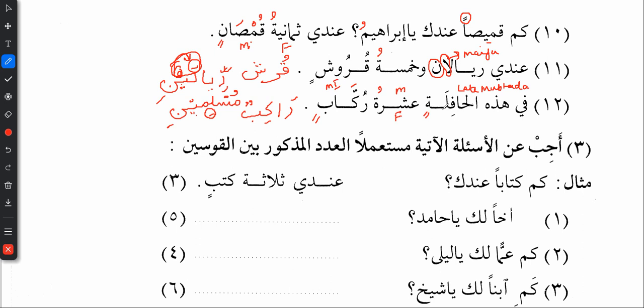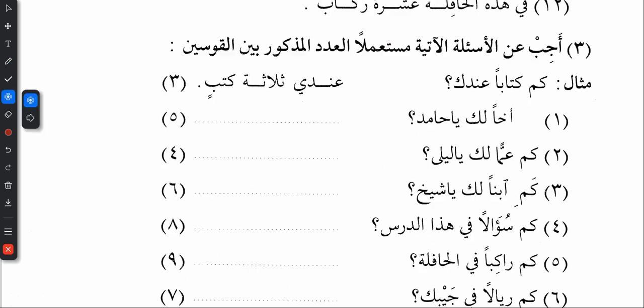And now let's do exercise number 3. Exercise number 3 says ajib. Ajib means answer. Anil asilati. Asila is the plural of su'al, meaning questions. So answer the questions. Al atiya means the following. This atiya word comes from the verb ata.